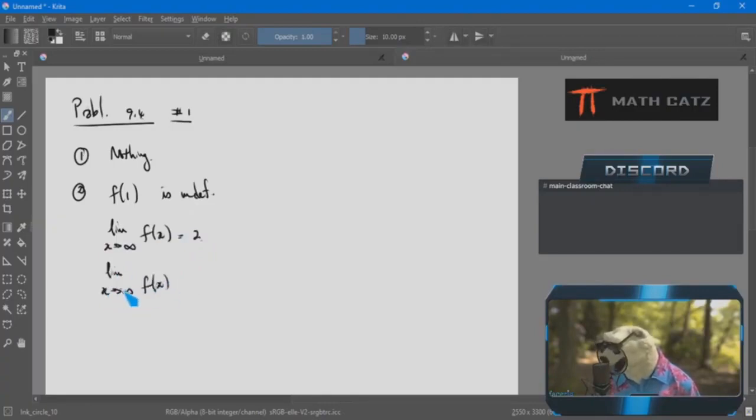They tell me the limit. Oops, was it a negative infinity? Yeah, that's a negative infinity over here. Negative infinity is a 2. And the rest is derivative information, which is not a part of step 2. The tables that they give me are not a part of step 2 either.